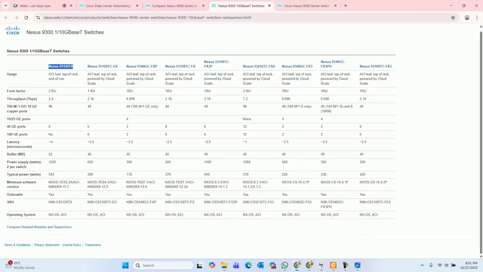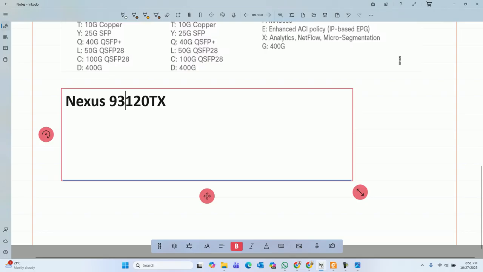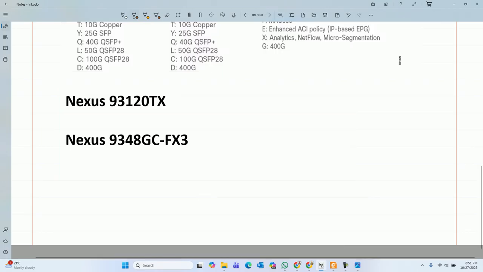And then we have one more switch with the name Nexus 9348GC-FX3. In this case, both of these switches belong to the Nexus 9300 series. But there's a difference. You see 93120, 9348.